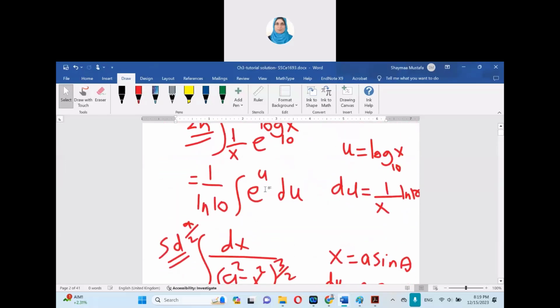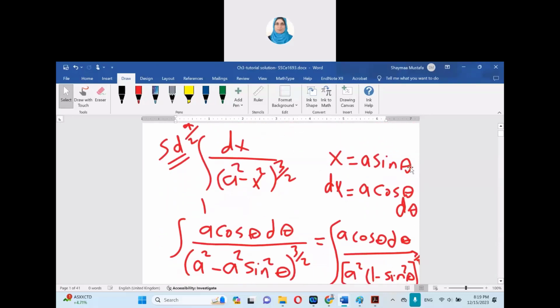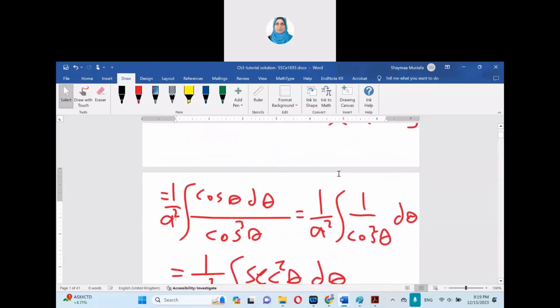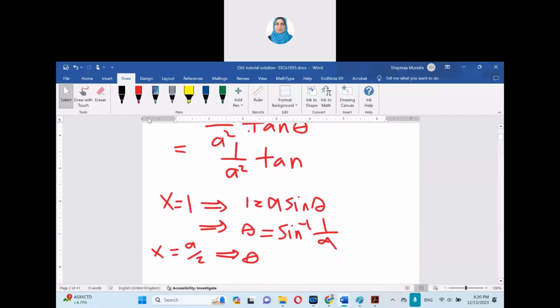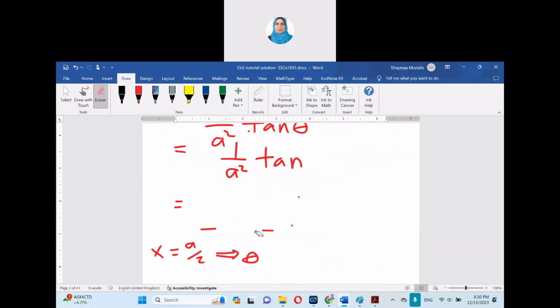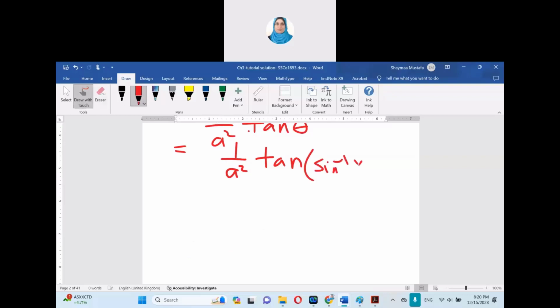Theta is sine inverse x over a, tan, from 1 until a over 2.